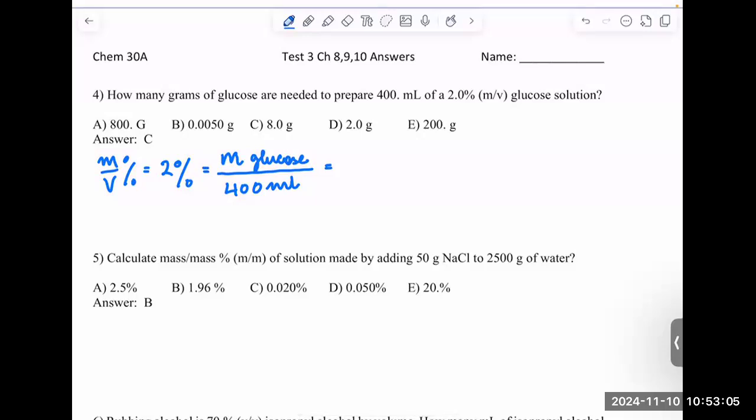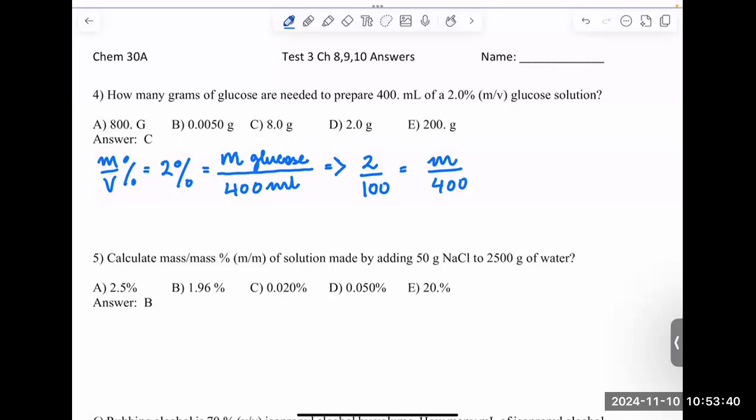So 2% means 2 over 100, that's easier. Is equal to m over 400.